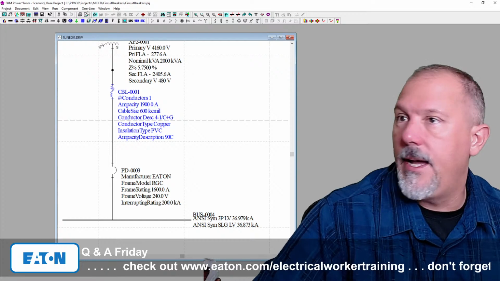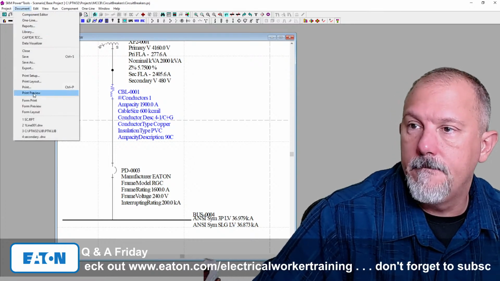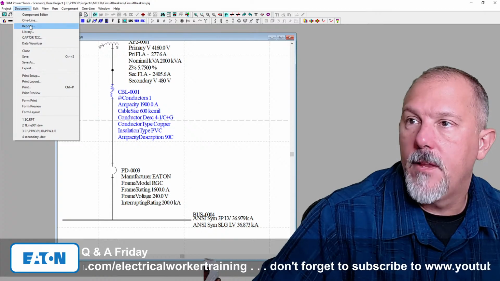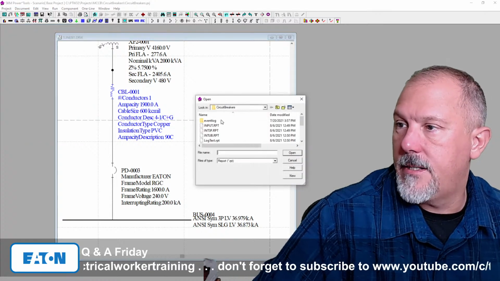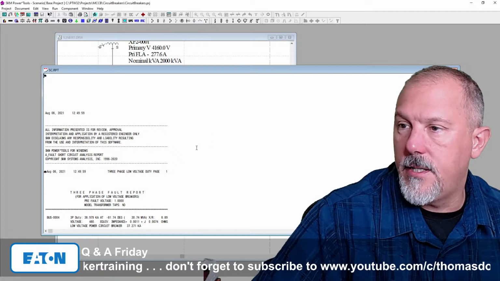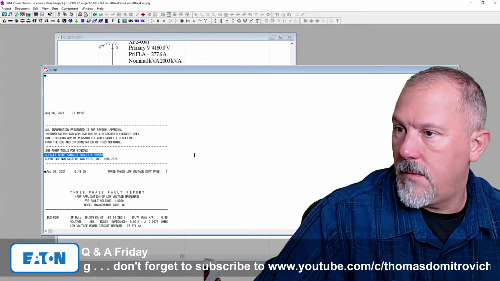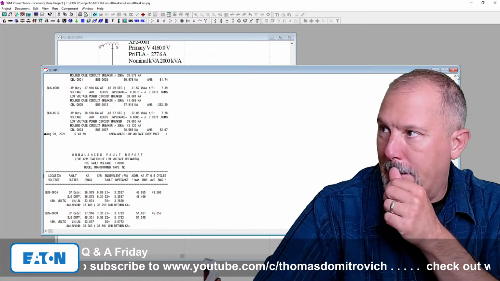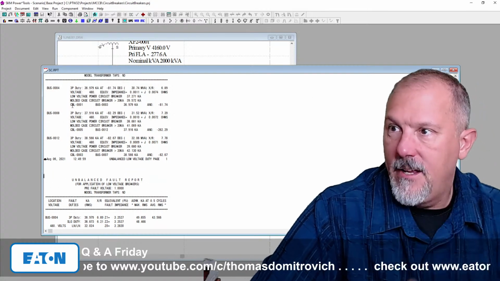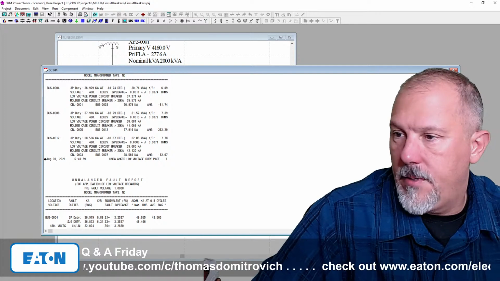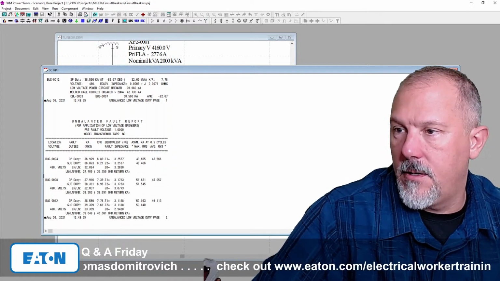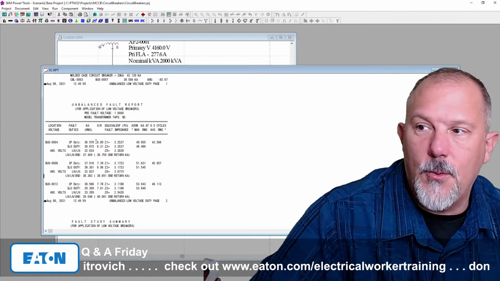I have to close that and go to document, reports, text, short circuit. I'm looking for bus 4. There's bus 8. Bus 4, I have to go down. Sorry, hold on. X to R is now at bus 4, 6.89.